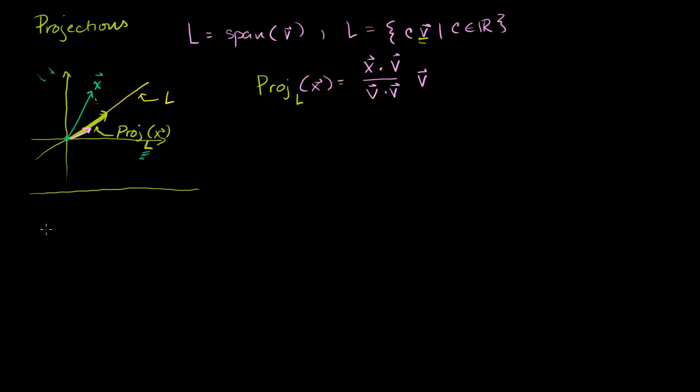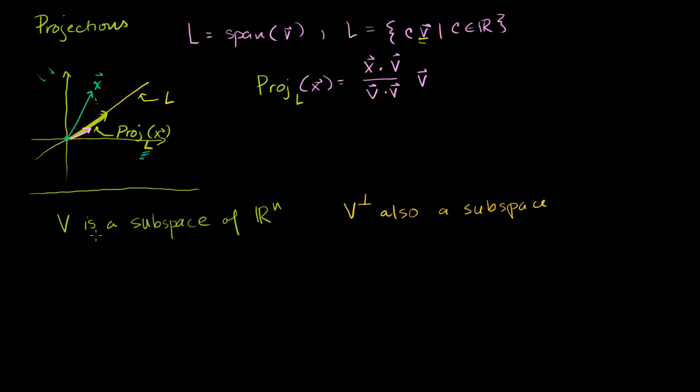We already know that if V is a subspace of Rn, then V complement, the orthogonal complement of V, is also a subspace of Rn.